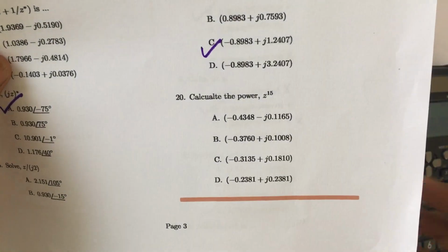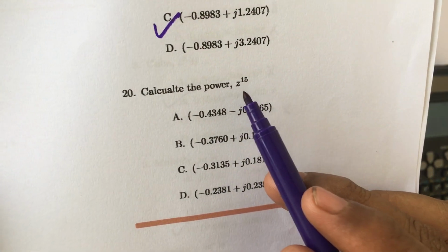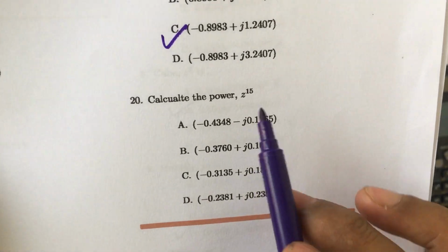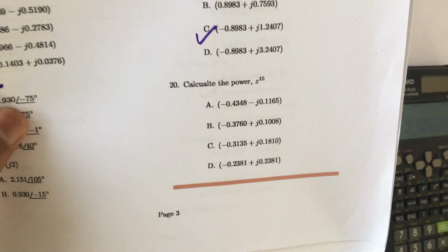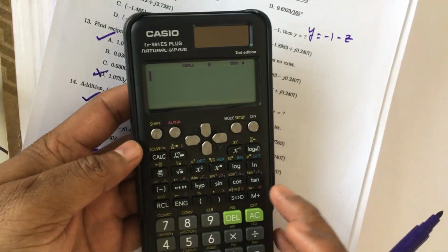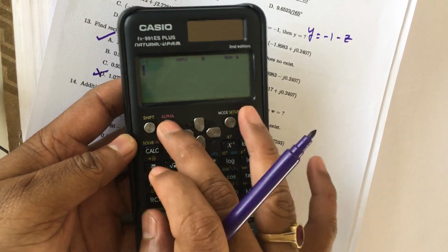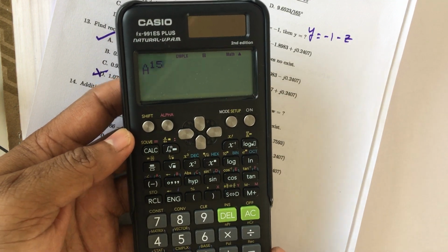Last question, that is z to the power of 15. This also you can do without the calculator, just by analyzing it. But for the time being, I'll just do it here. So I'll simply use x to the power of y, and then I'll give 15.